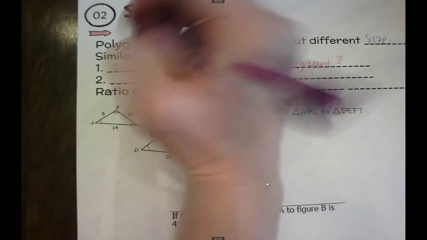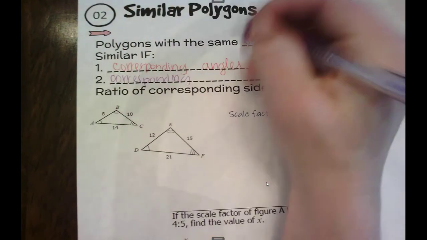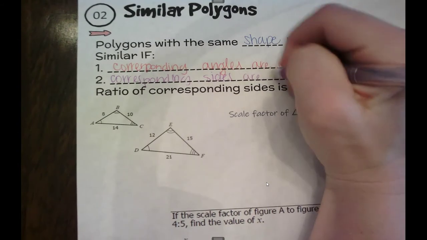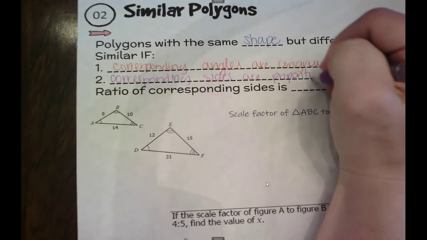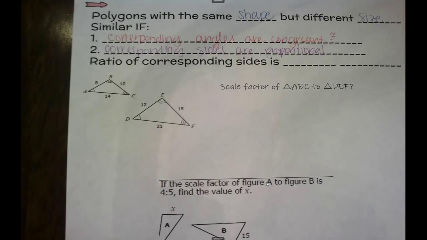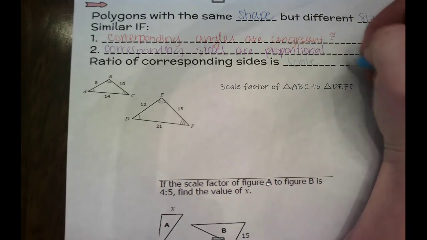Okay, and also if the corresponding sides are proportional. Okay, our ratio of our corresponding sides, we're going to call our scale factor.